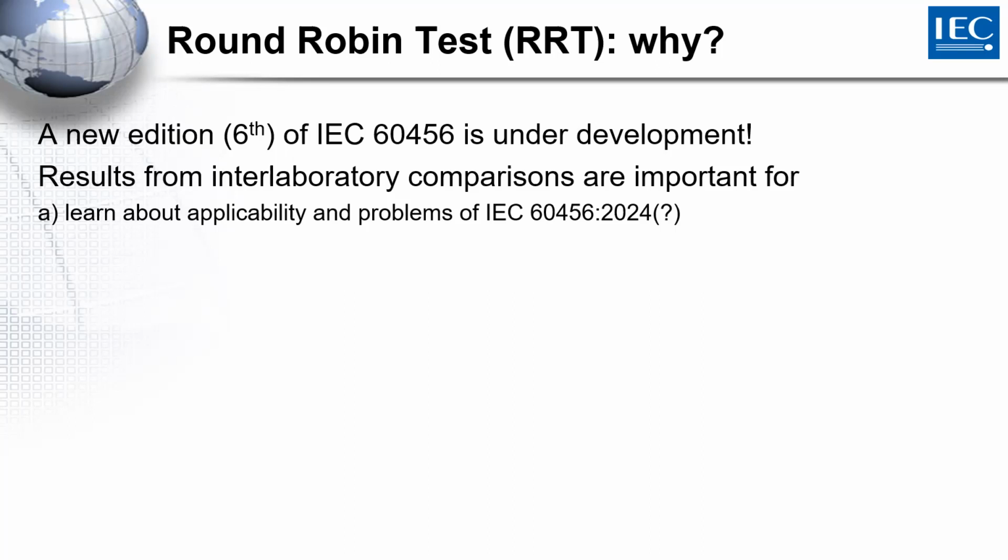We would like to ask all the participants in the round robin test also to take notes on problems where you had problems to understand the standard or where things are not clearly enough defined. Please report those problems back to us so that we can learn and improve the standard.